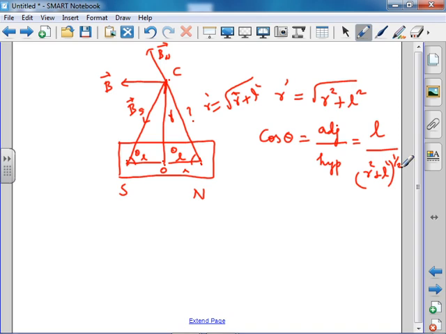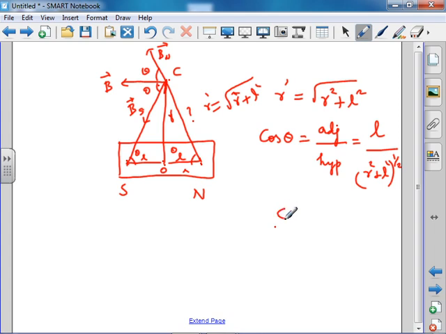Yes. Now, if this is the angle theta, and the angle made here is also theta according to the theorem, and here is also theta, you may find there are two vectors inclined at an angle. So first let us take vector Bn, the magnetic field at C due to the north pole. It has to be resolved into two components. Let us resolve.